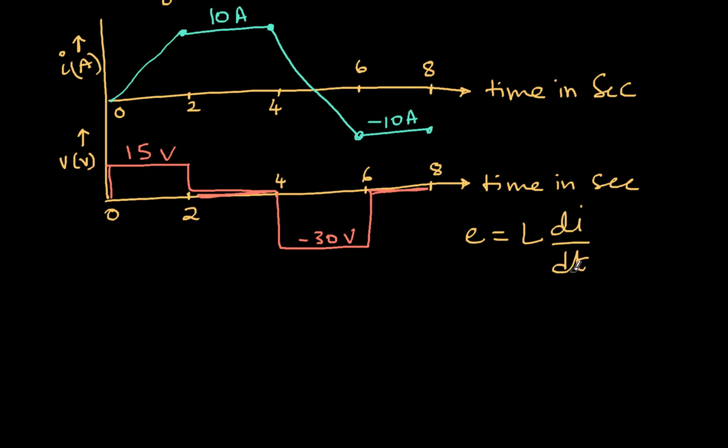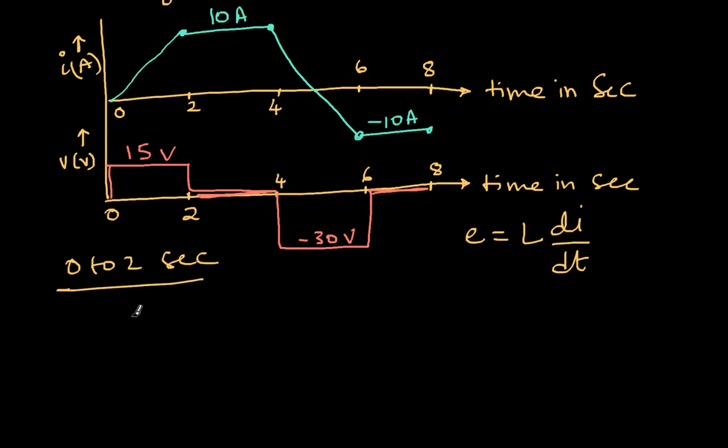So let's see what di by dt is between 0 to 2 seconds. Here di by dt is the slope of the current. So di is 10 amperes and the time is 2 seconds.